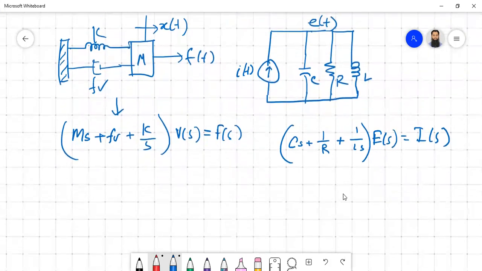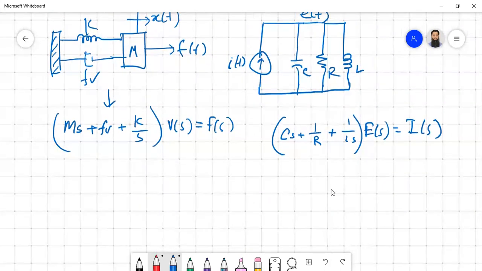Now it is possible to compare this. Now what you can say is mass M can be represented by a capacitor, and they're proportional. So basically M farads.